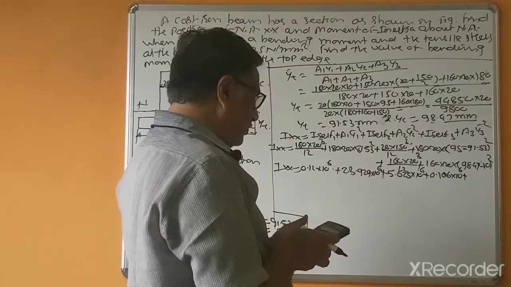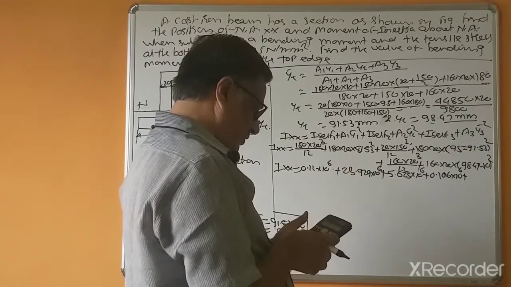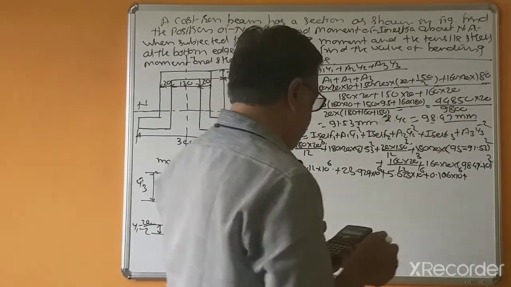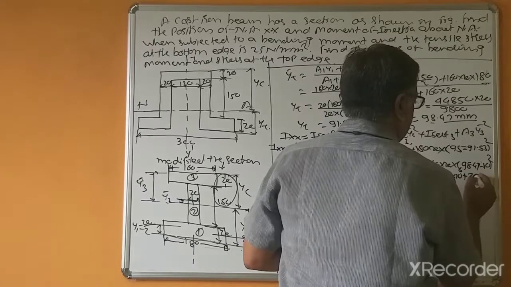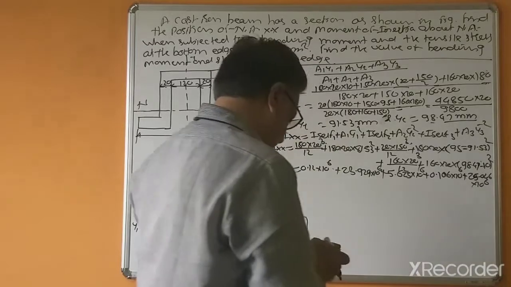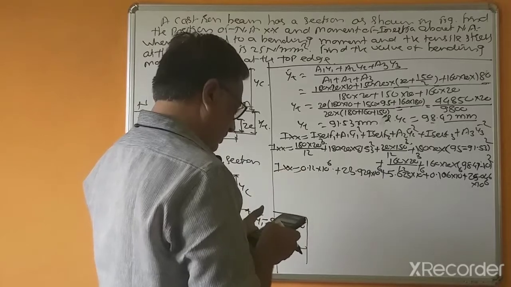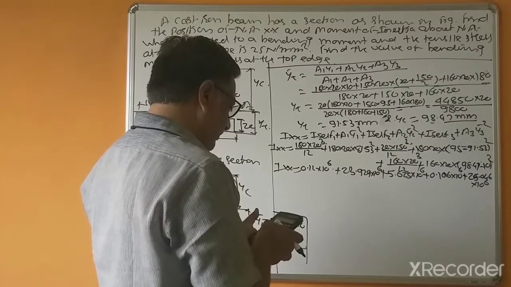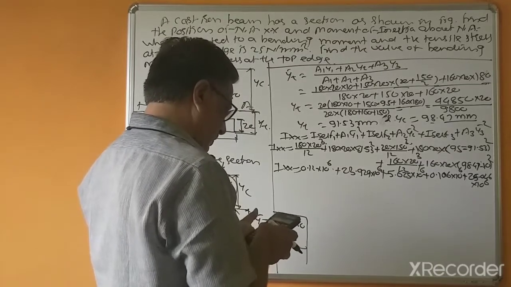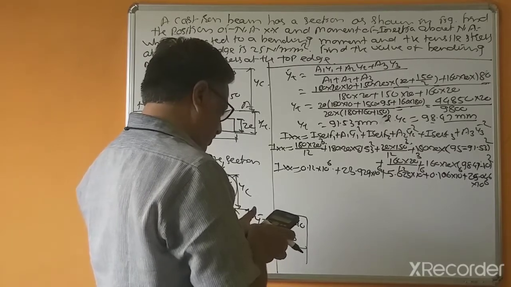98 means 88.47 square multiplied by 20 multiplied by 160, 25.046 into 10 to the power 6. 25.106 plus 5.625 plus 23.929 plus 0.12.